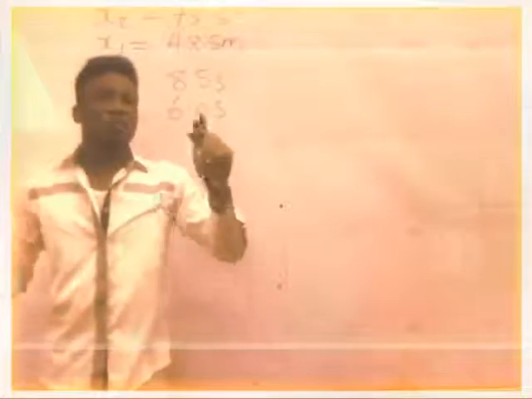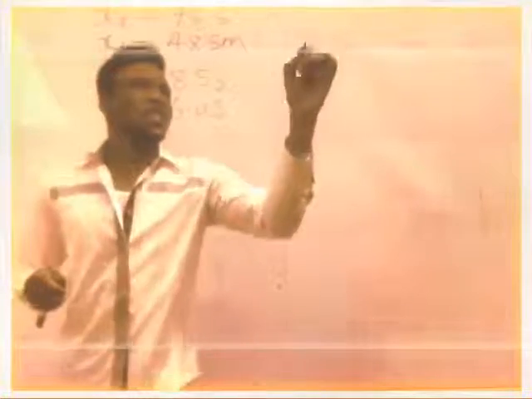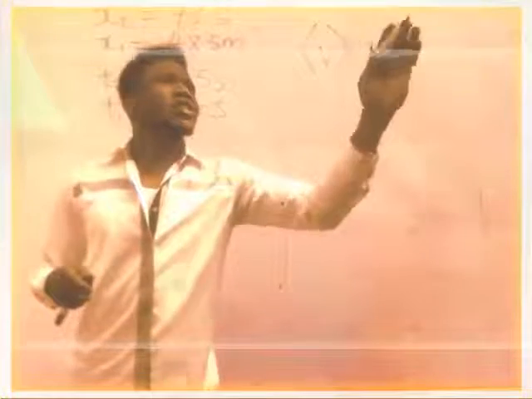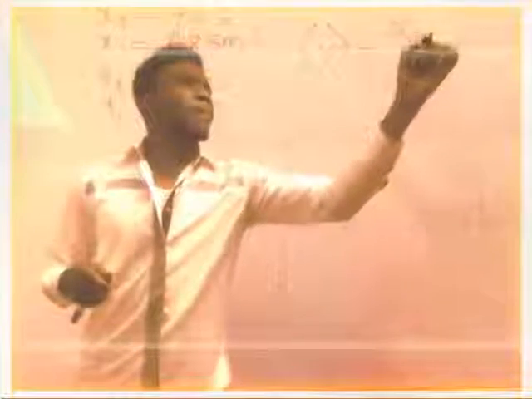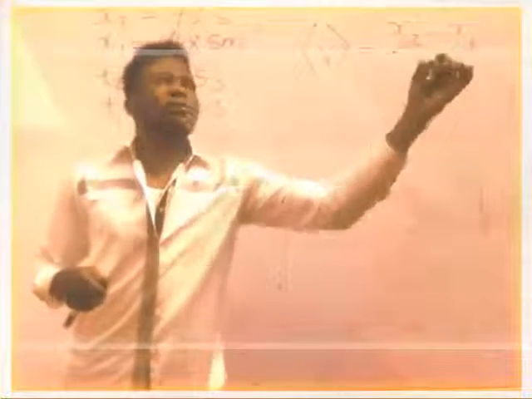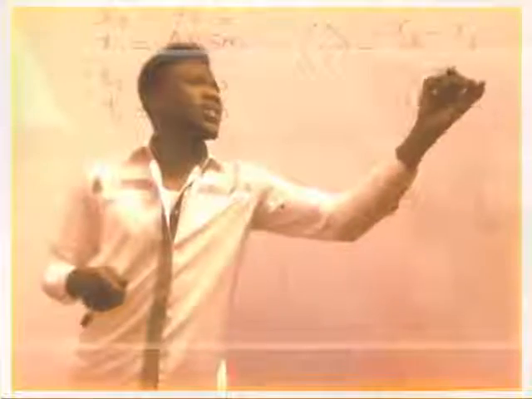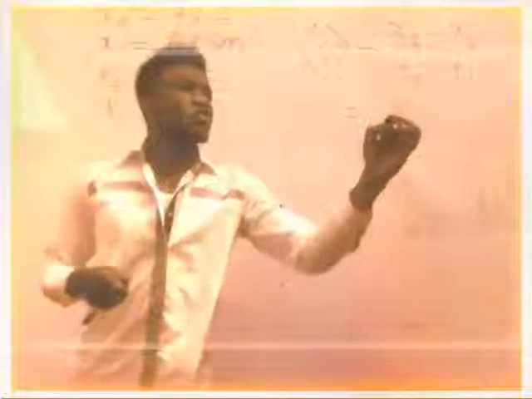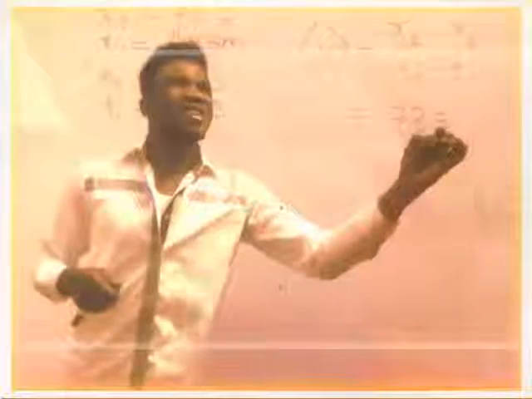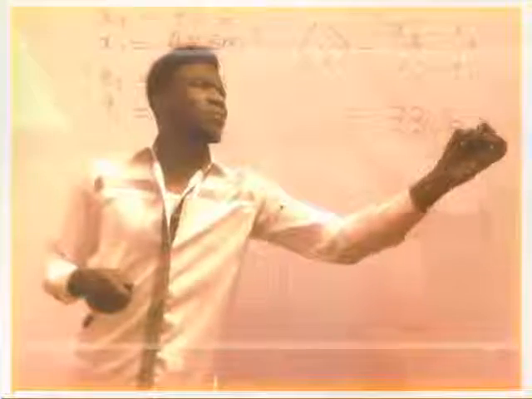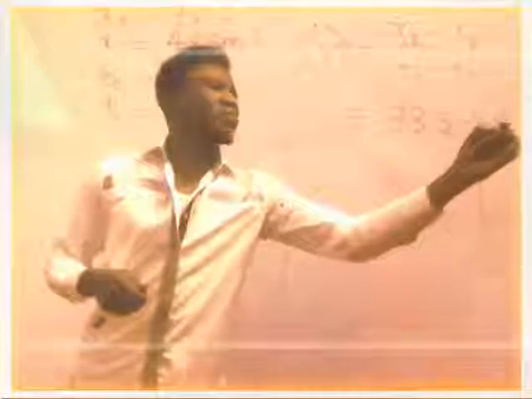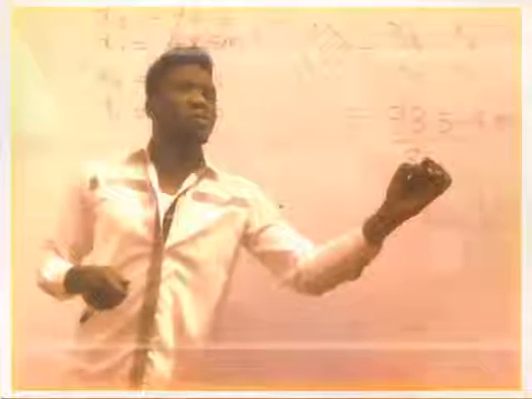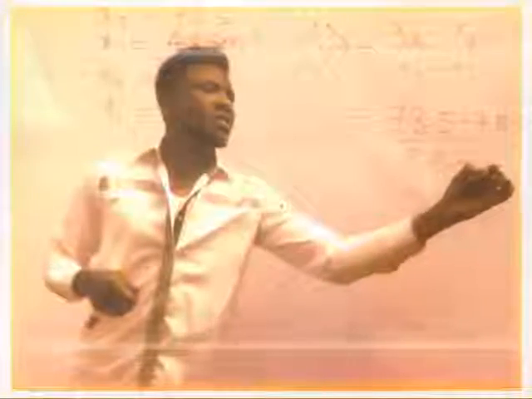Now, to find this average velocity, we simply say average velocity V equals x2 minus x1 divided by t2 minus t1, which can also be written as 73.5 minus 48.5 divided by 8.5 minus 6.0.